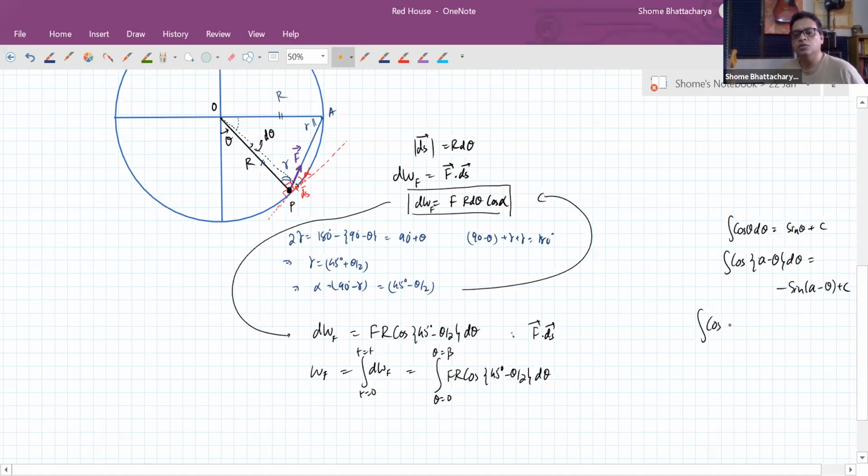So integration of cos of some constant a minus theta by 2 will become minus 2 sine a minus theta by 2 plus c. You can do this, or you can expand this, it doesn't really matter. So this will become FR into minus 2 sine 45 minus theta by 2, going from theta equal to 0 to theta equal to whatever beta.